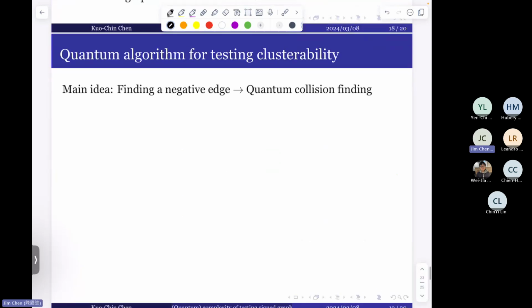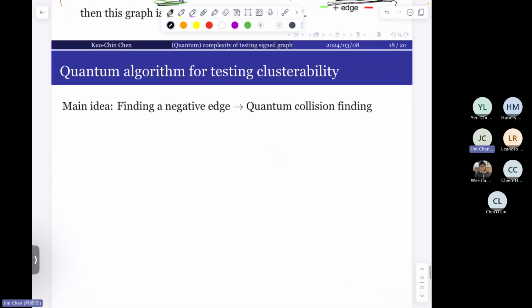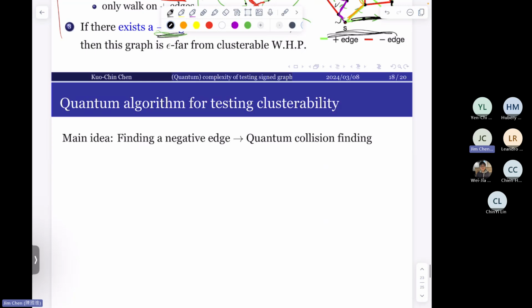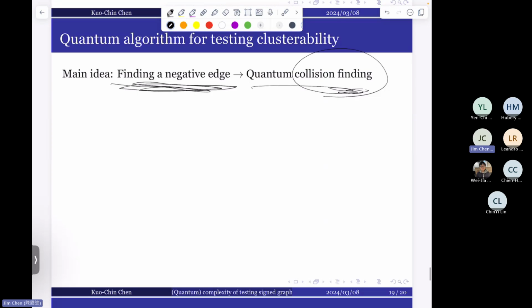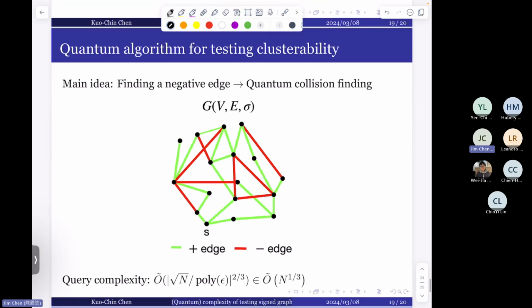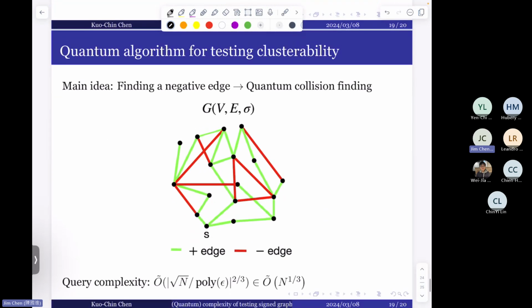Our main idea is that we would like to translate finding a negative edge into collision finding. If we find a negative edge, then we find a collision.